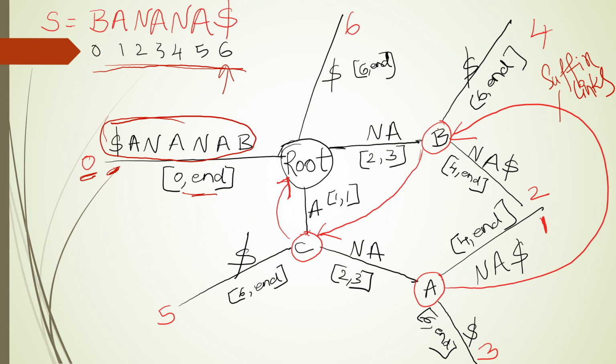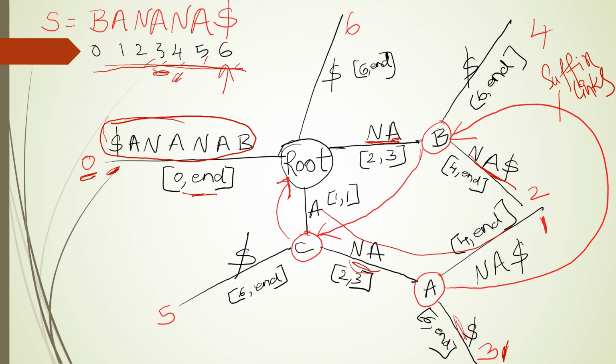So this is the path. And 2 is N A N A dollar. So from 3, which is A N A dollar, and 3 is here.